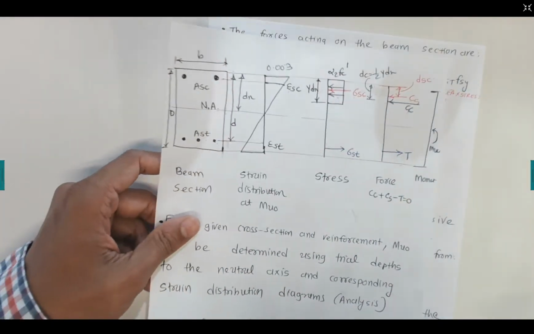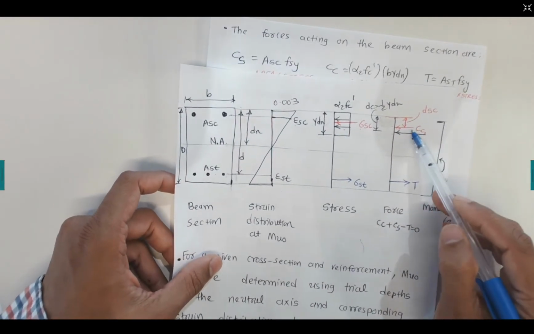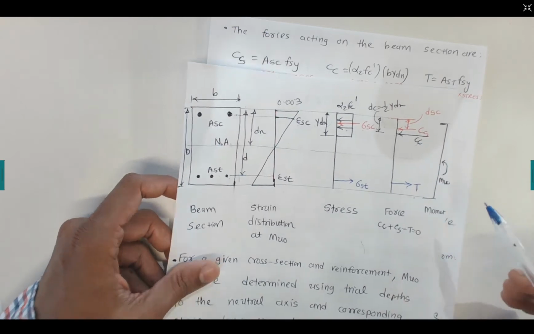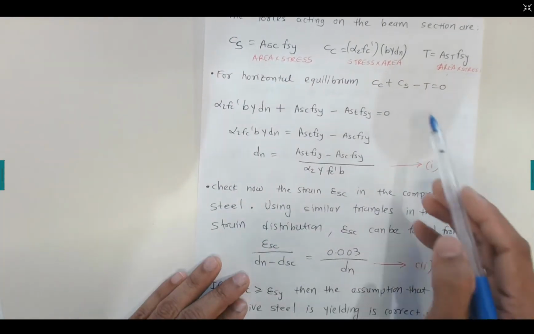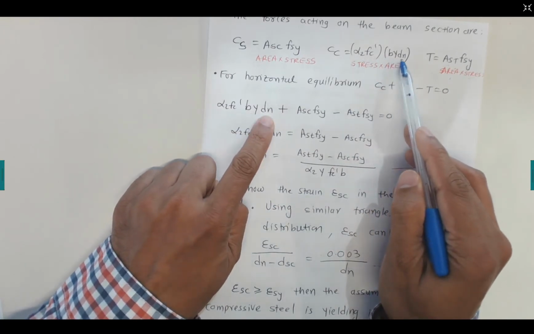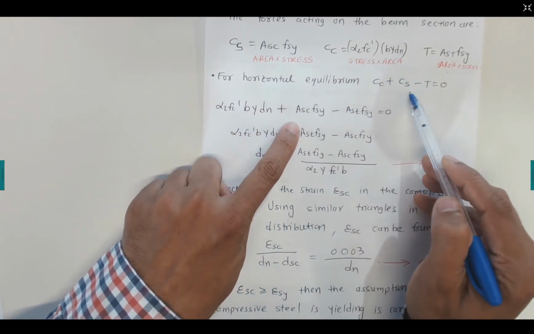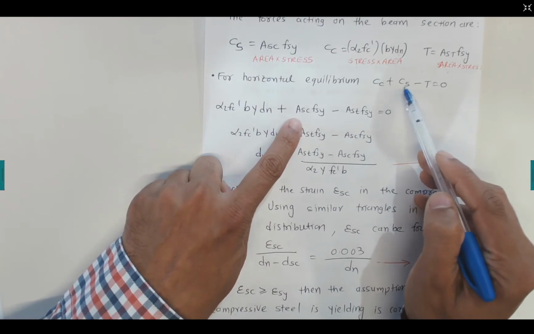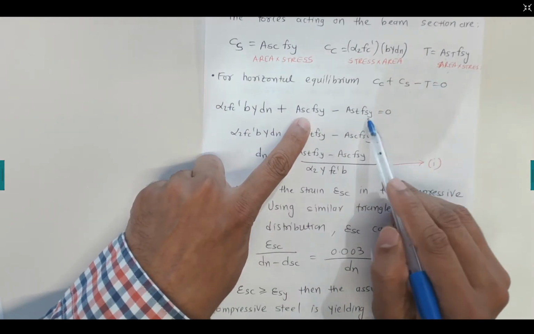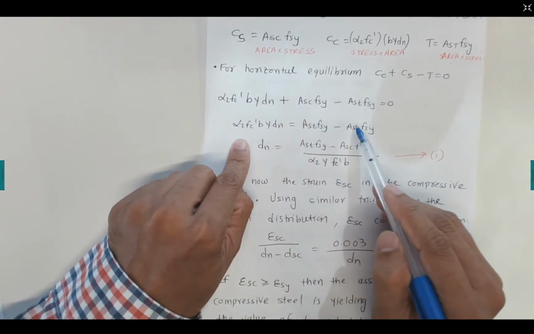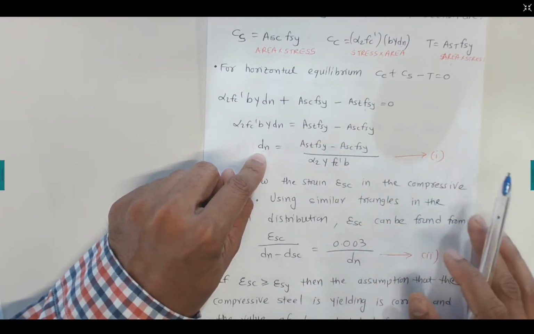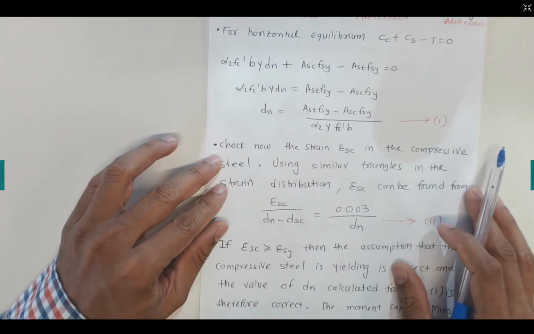Now for horizontal equilibrium, Cs plus Cc minus T should be equal to zero. If you substitute, Cc is alpha 2 fc' b gamma dn, plus we put in the Cs value, the compression force in the top reinforcement. Substituting this and simplifying, we can find the dn value using this equation 1.